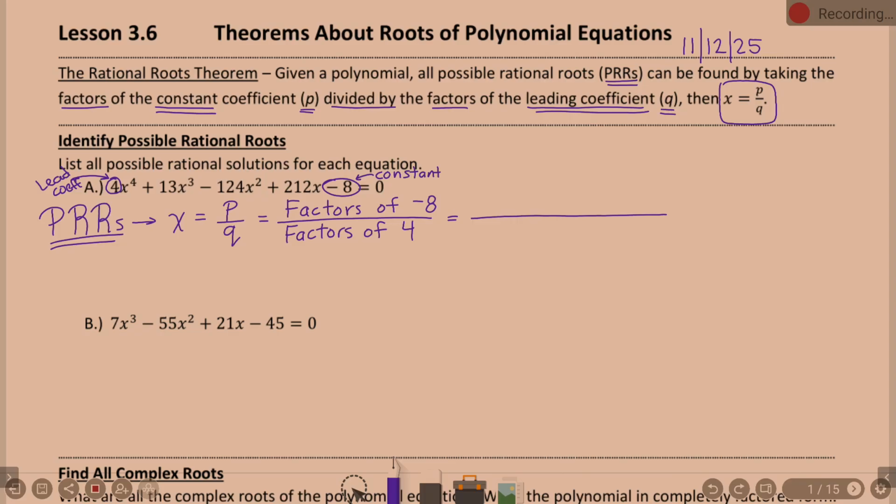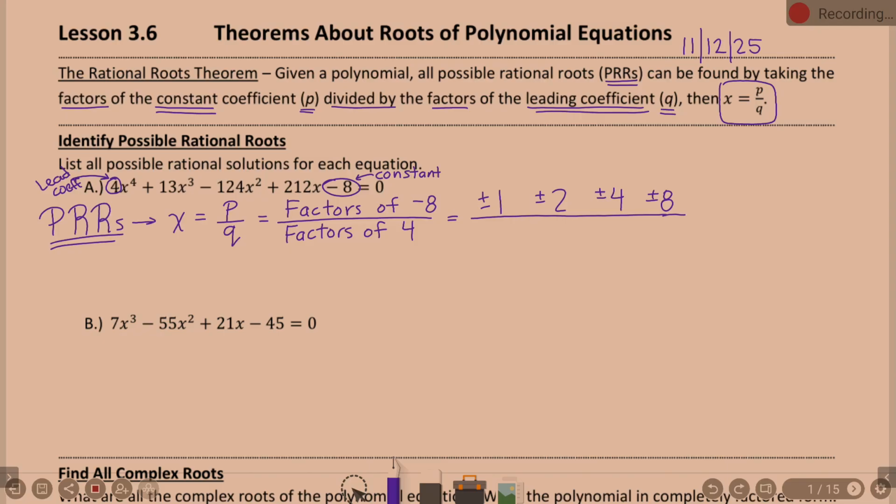So with that in mind, my factors of 8 are plus or minus 1, plus or minus 2, plus or minus 4, and plus or minus 8. We're always going to put plus or minus in there so we can include both.